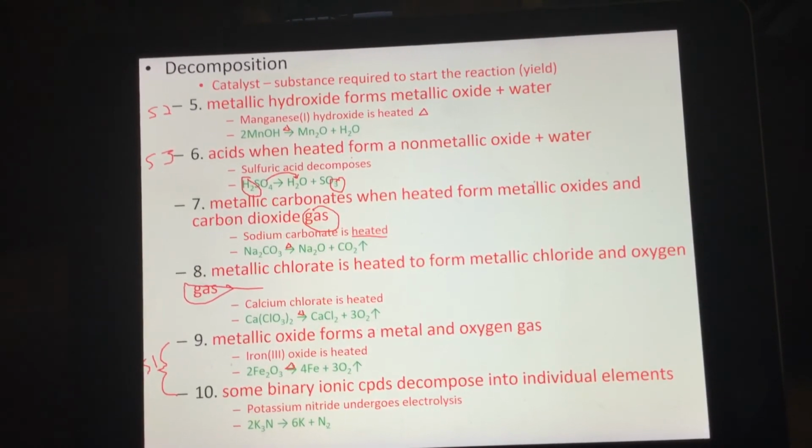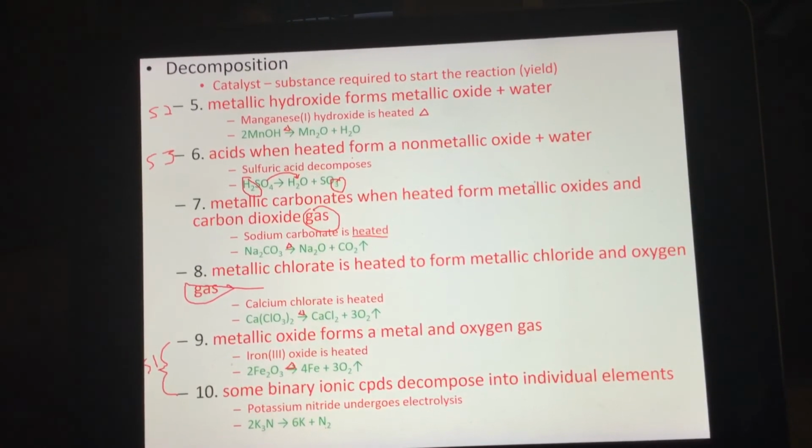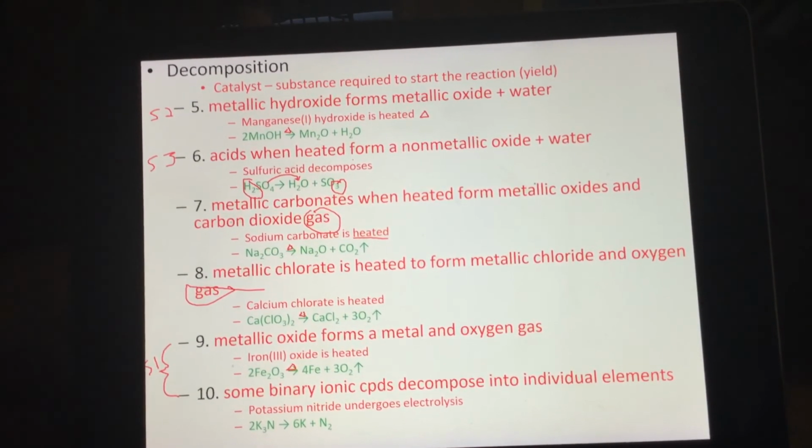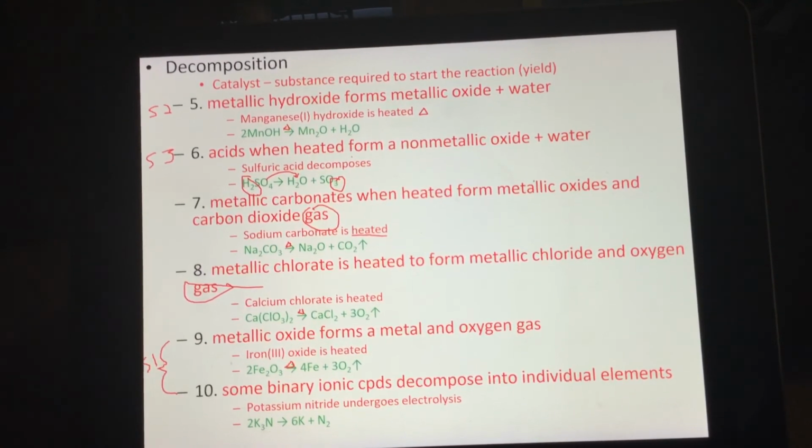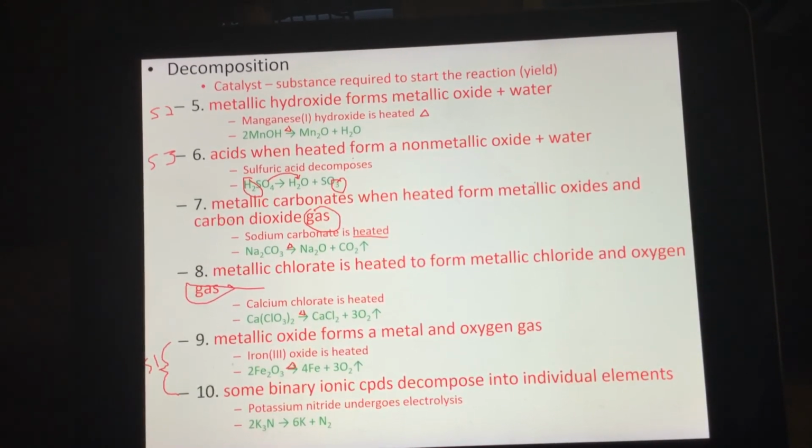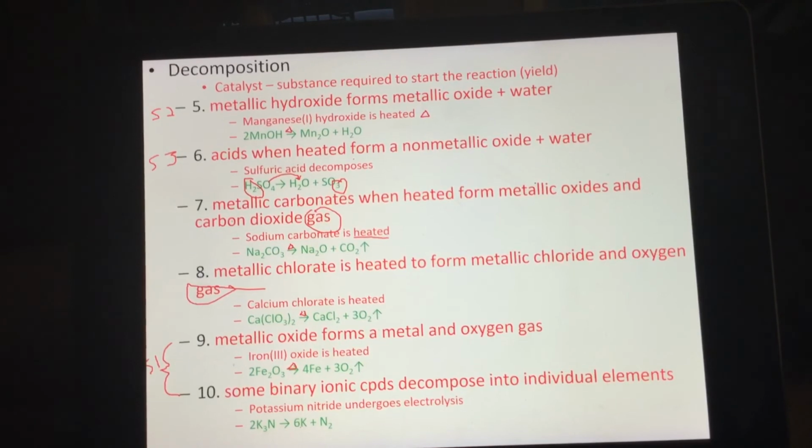And then nitrogen, again, is one of our diatomics. So once it's by itself over here, we need to make it a diatomic. And then to balance it, we need a 2 out in front and a 6 for the potassium.